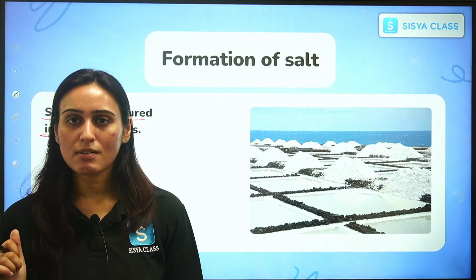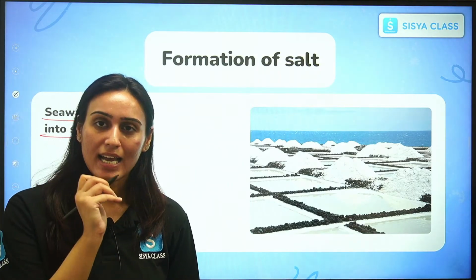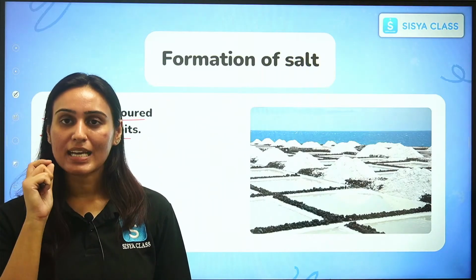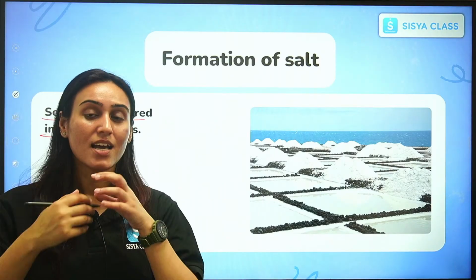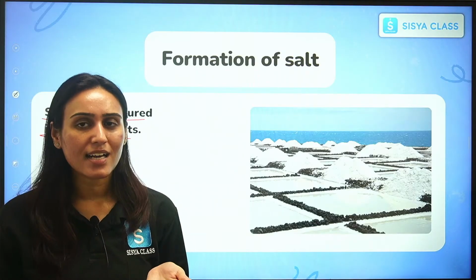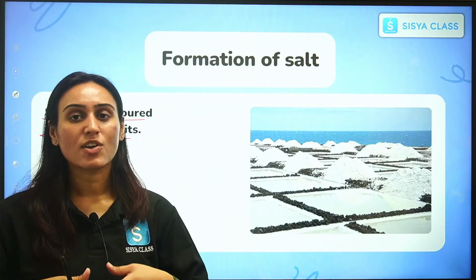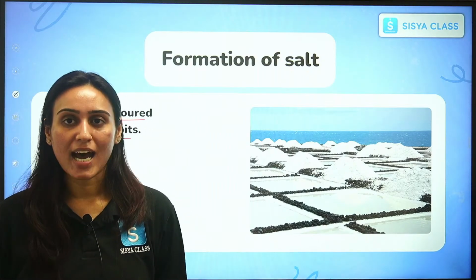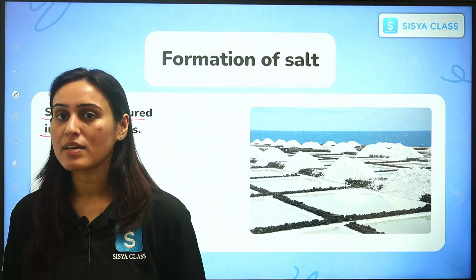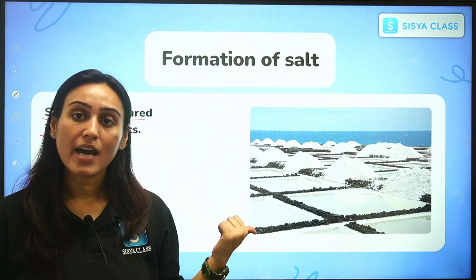Because if we know the principle of evaporation, it is going to increase the rate if you increase the surface area, because only the surface particles are converting into vapors. So if it is spread out over a larger area, then it will evaporate faster. That is the idea behind shallow pits.